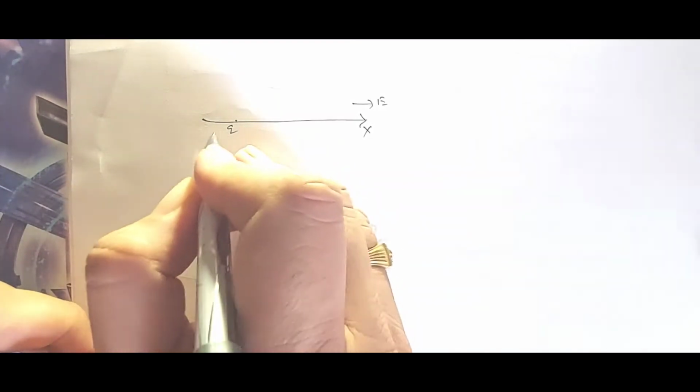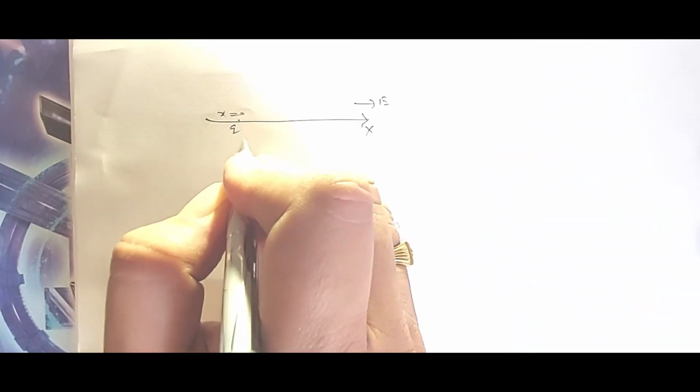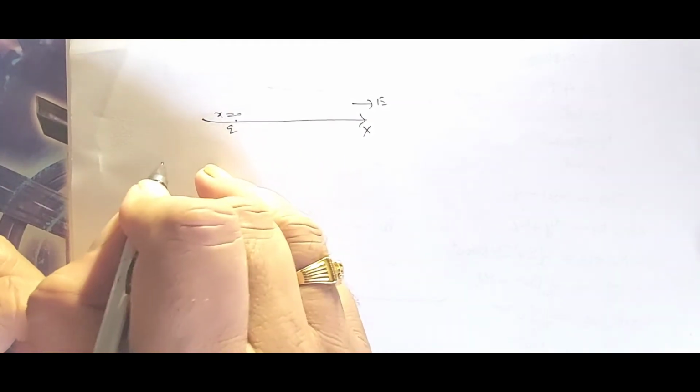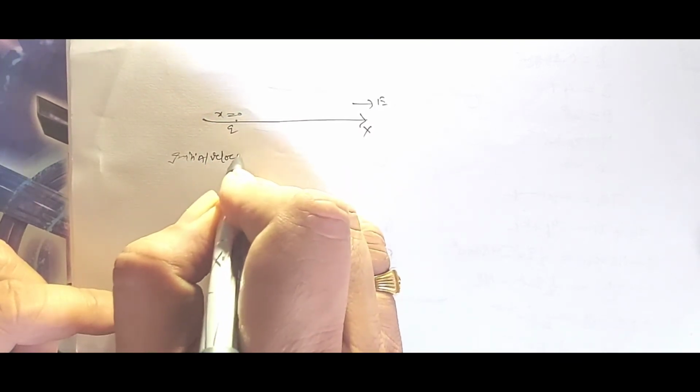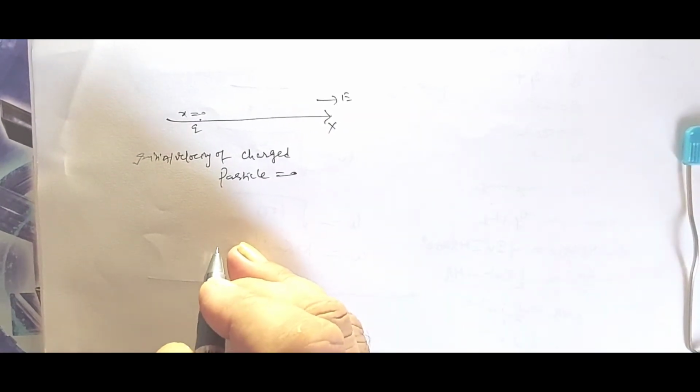The initial velocity of the charged particle, at x equal to 0, is 0. Why? Because the charged particle starts from rest.